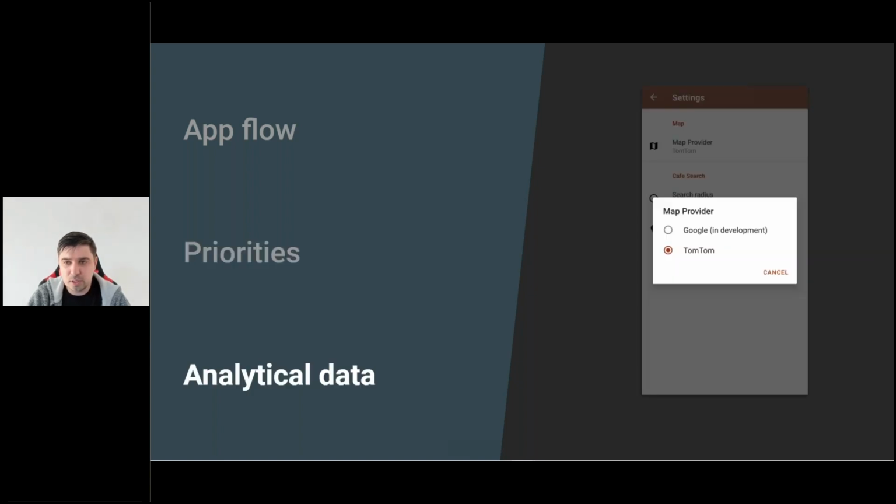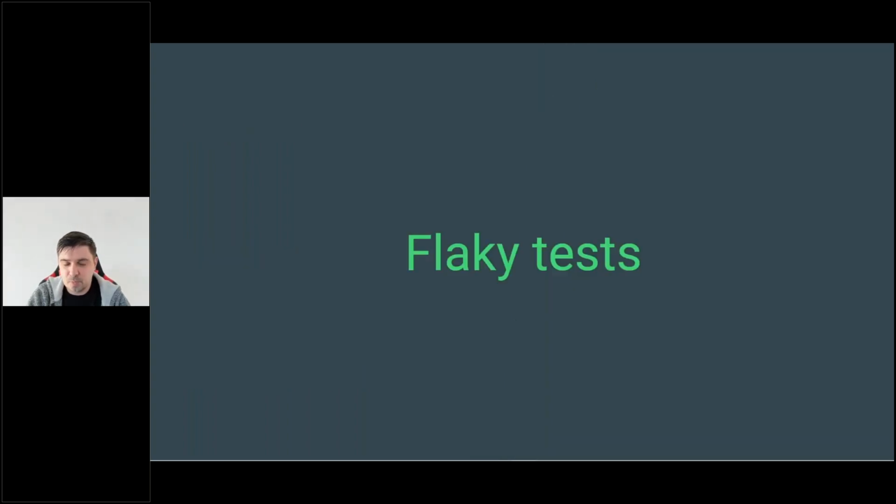And the last part is analytical data, which can be super helpful for developers and QA engineers. If we have a few different options and we can see that our users use one option much more than the other, the most popular options should be covered much better because many more users use them.